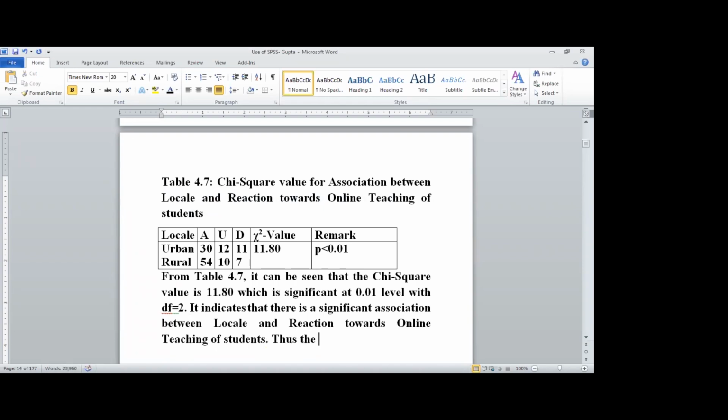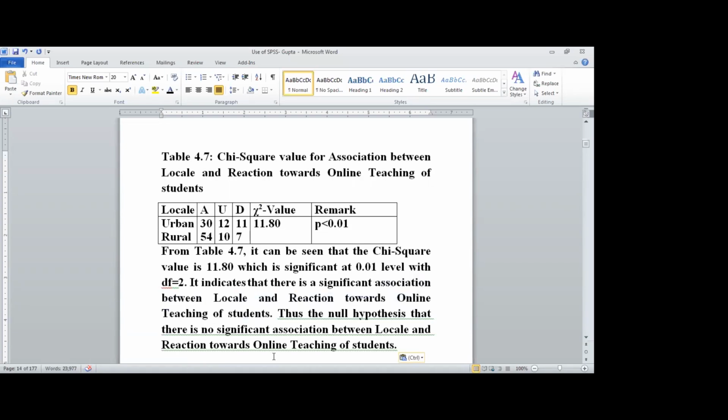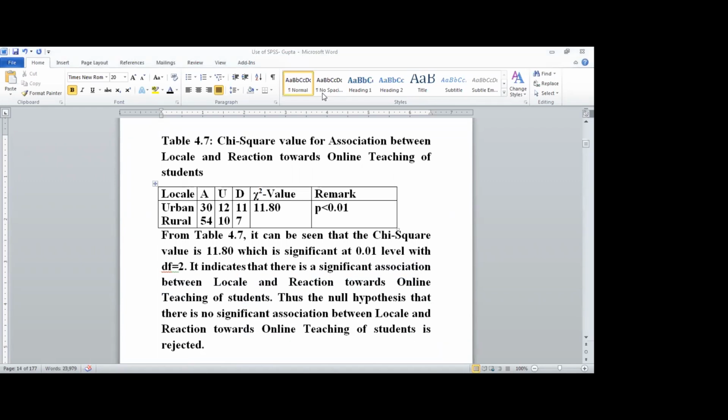Thus, the null hypothesis that there is no significant association between locale and reaction towards online teaching of students is rejected. Now here, there must be a bracket.